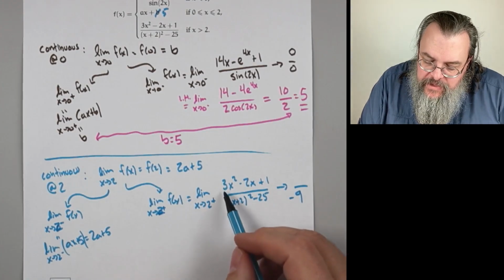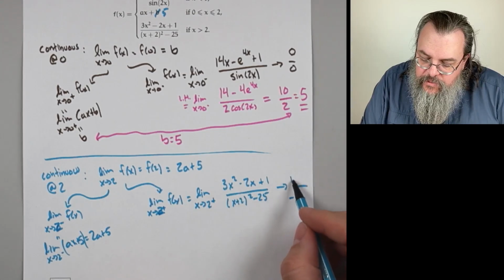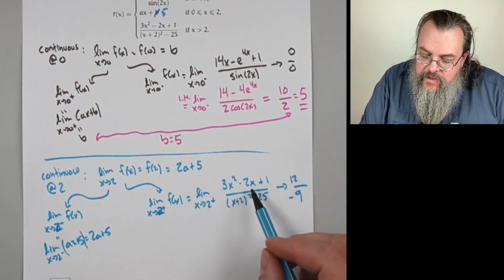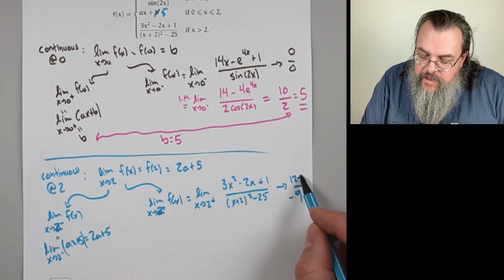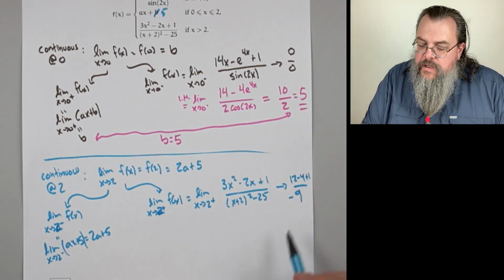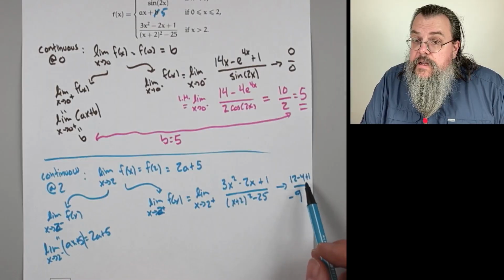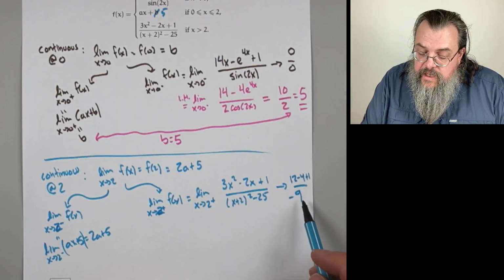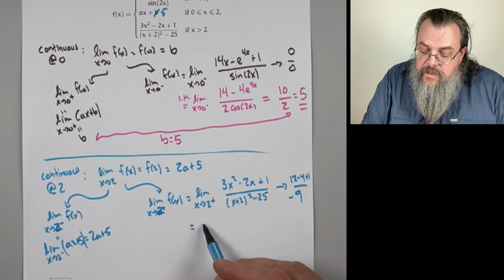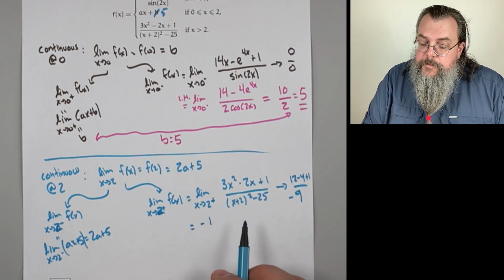Okay, now upstairs. We plug in. 3 times 2 squared is 12, minus 2 times 2, it's minus 4, plus 1. So 12 minus 4 plus 1 is 9. Downstairs, minus 9. So we see that this limit is minus 1.